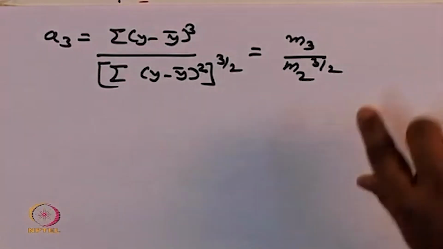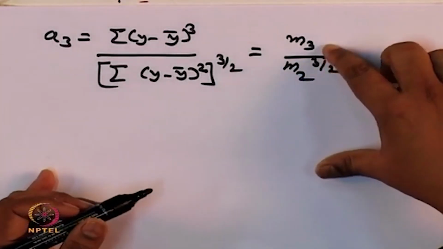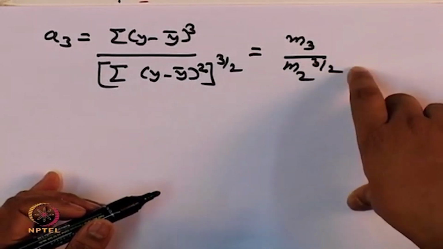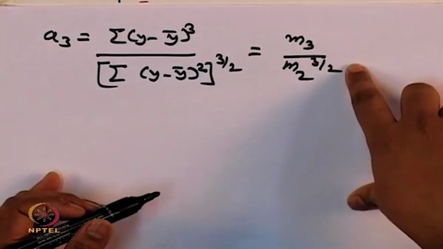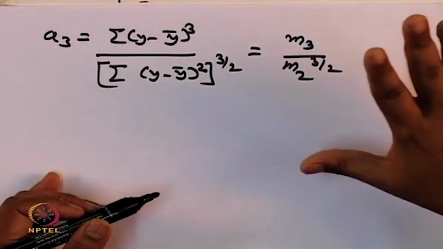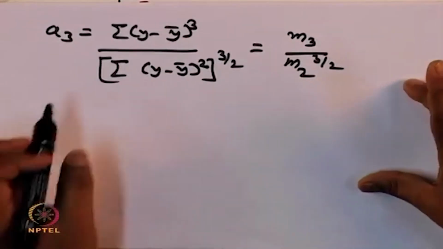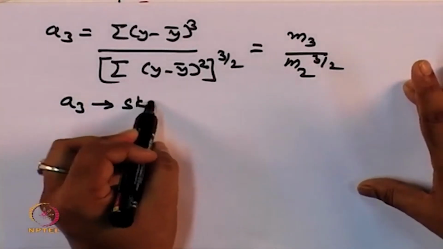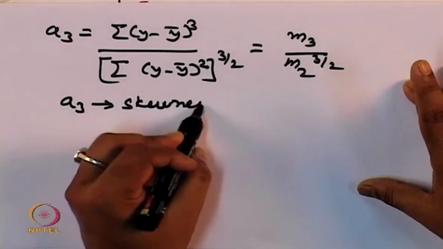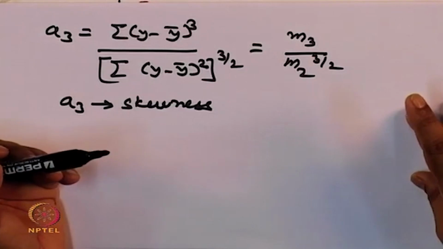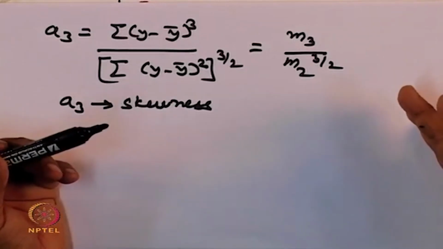As you can clearly see, M3 will have units of meter cubed, and M2 will have units of meter square, whole to the power 3 by 2 will give you units of meter cubed, and this is after all a dimensionless number. So, this parameter A3 is called skewness, and for any distribution, as is obvious from the word skew itself.